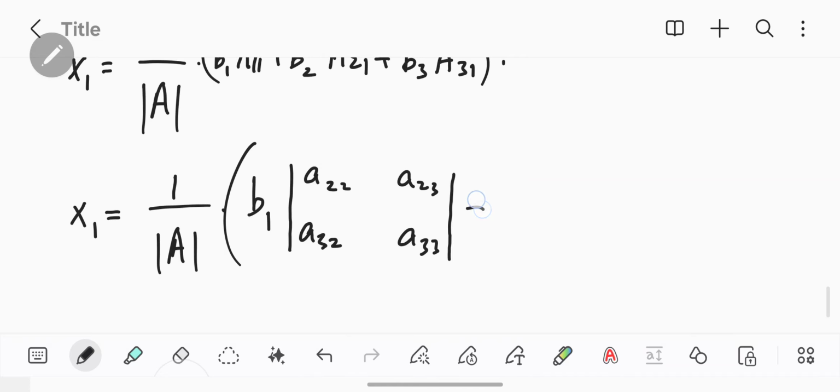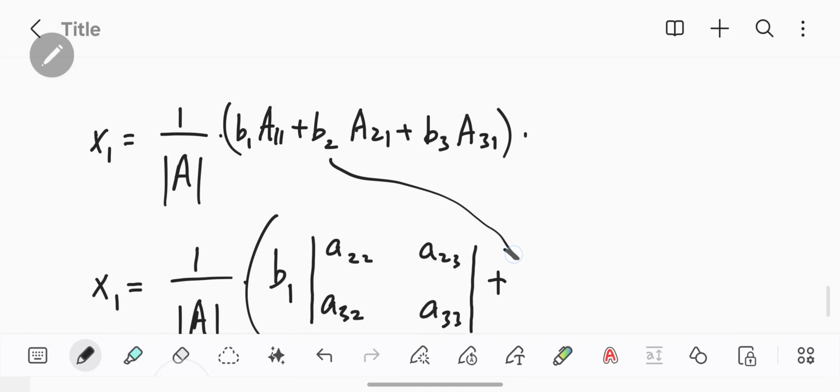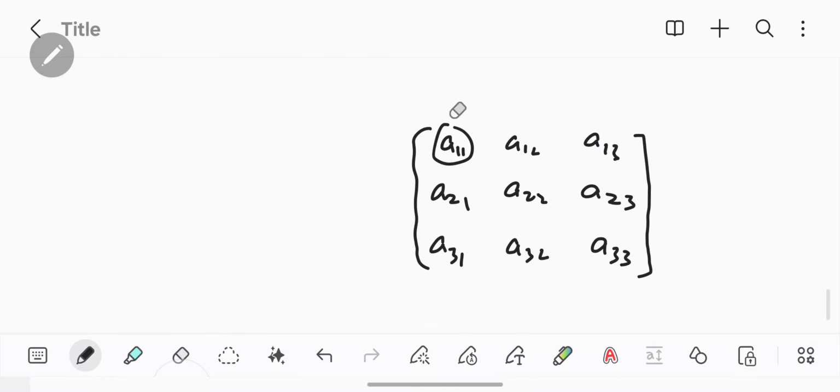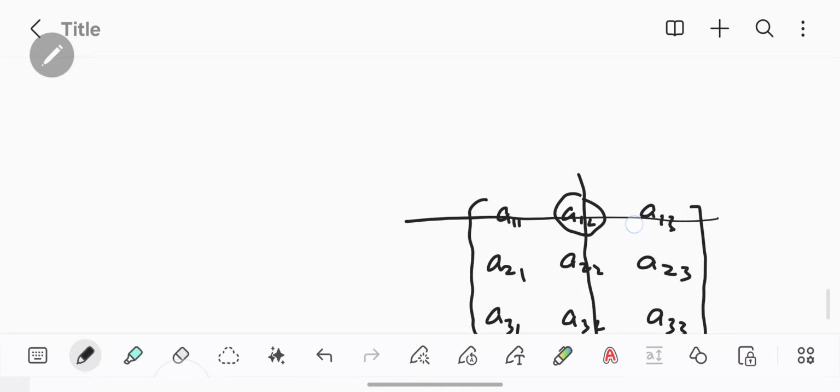Now I will write plus B2, and then A21. What is A21? A21 is the cofactor determined by this element. So in order to find the cofactor determined by this element, I will forget about this row and this column. But one important thing is that I will also write negative 1 to the power 1 plus 2, which is minus 1.